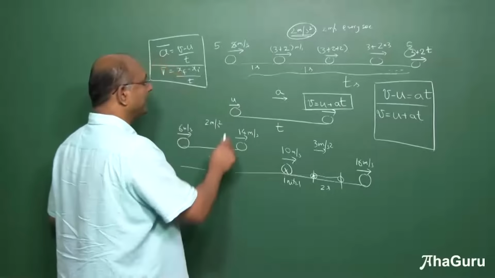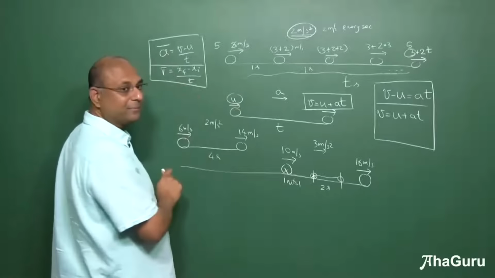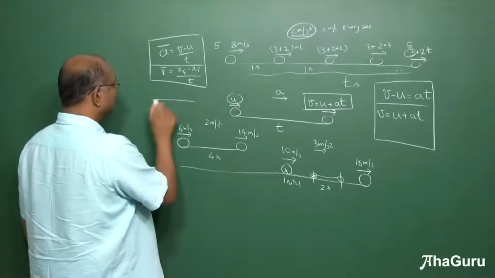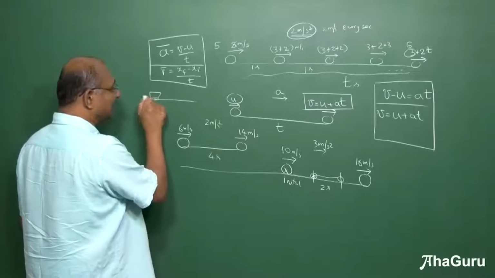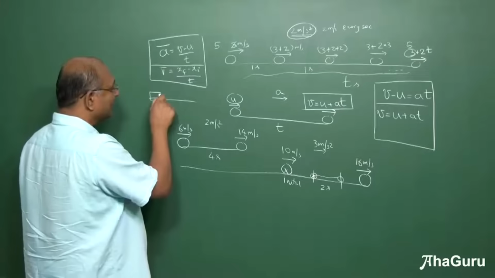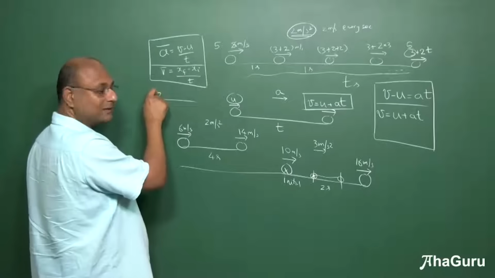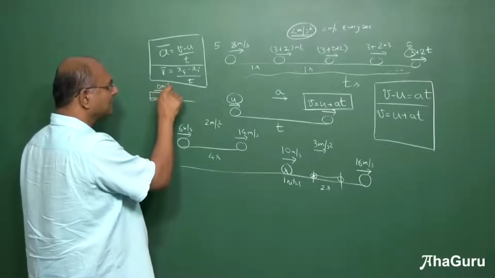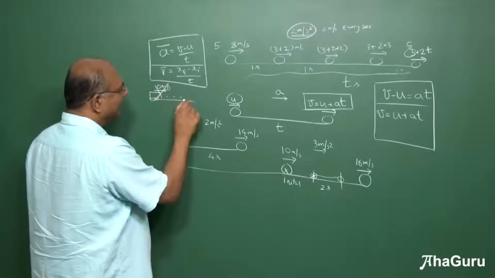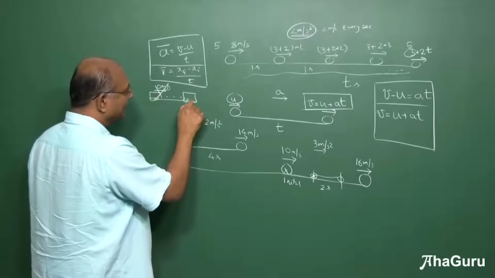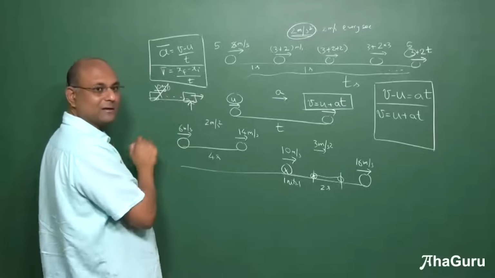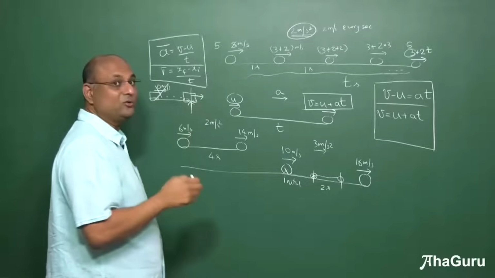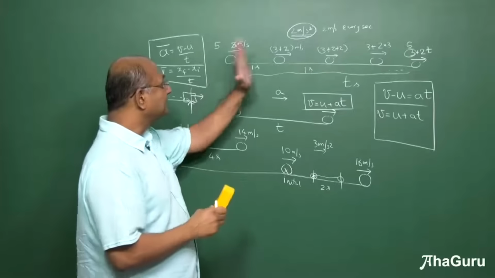So please keep in mind, u need not be 0, because for example, if a car was starting from somebody's house, it might have started with 0 velocity, but this is not initial, because I might choose to see the car from here. This velocity is initial. Initial is any velocity you choose, any instant that you choose.